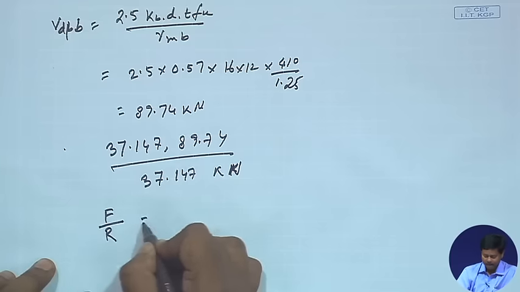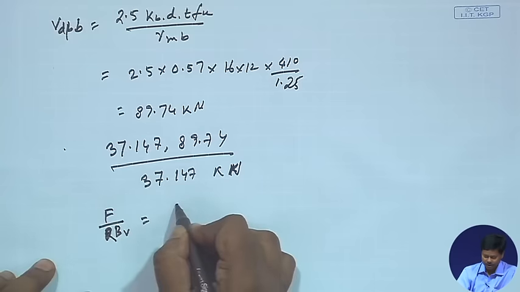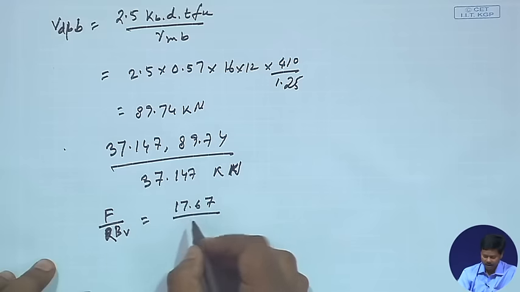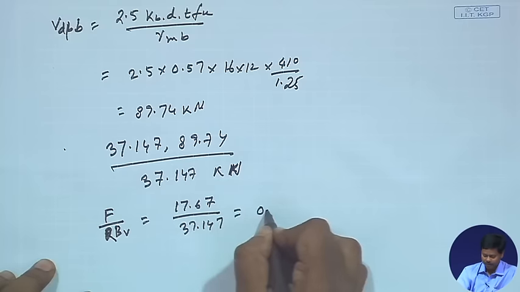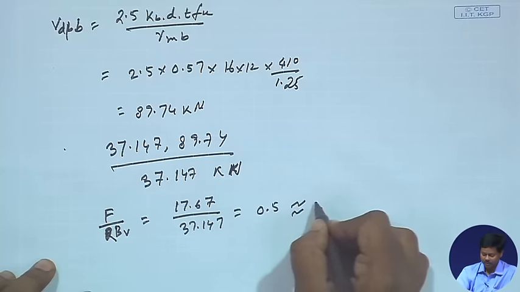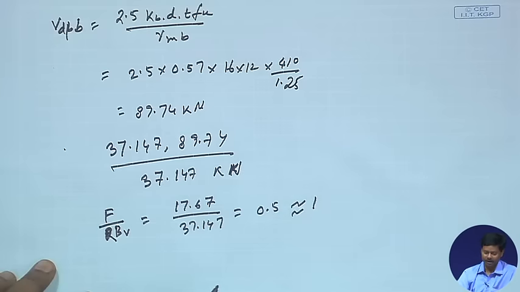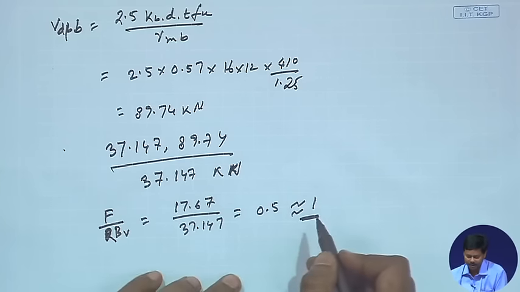The force is 17.67 kilonewton, which we have calculated earlier, and the bolt value is 37.147. So, this is becoming 0.5. That means, at least one bolt has to be provided at each end, right. So, one bolt we are going to provide.